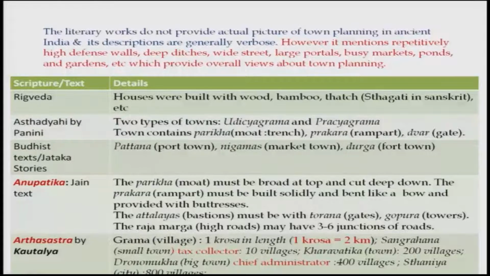Sangrahana means a small town tax collector, which consists of around maybe 10 villages, and Karbatika is a town of around 200 villages together that they will be taking care of. And Donamukha means basically the chief administrator of a big town of around 400 villages, and Staniya is also an administrator of a big city of around 800 villages.